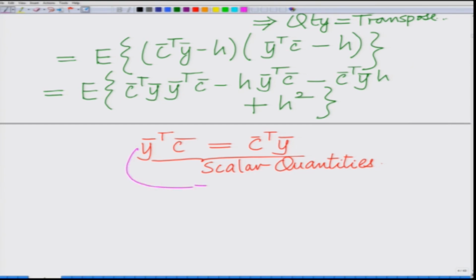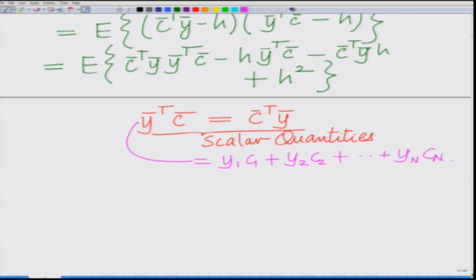In fact, both are equal to Y1 C1 plus Y2 C2 plus up to Cn Yn. Therefore, we have Y bar transpose C bar equals C bar transpose Y bar.